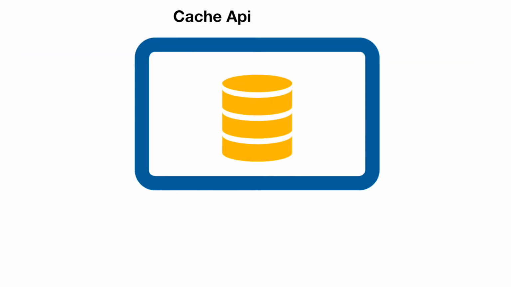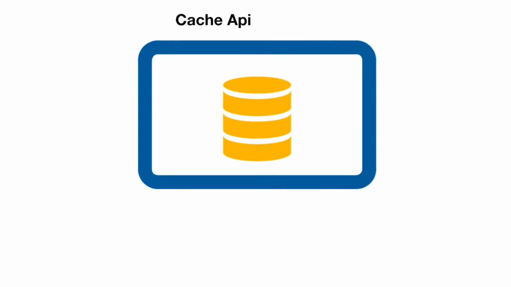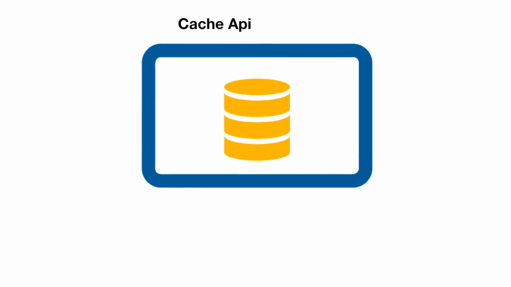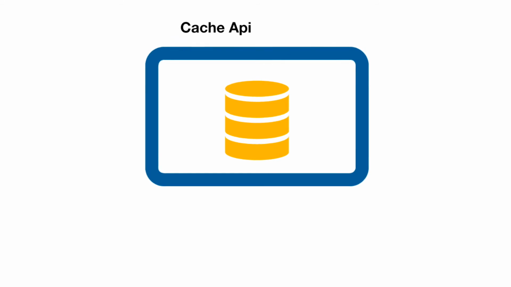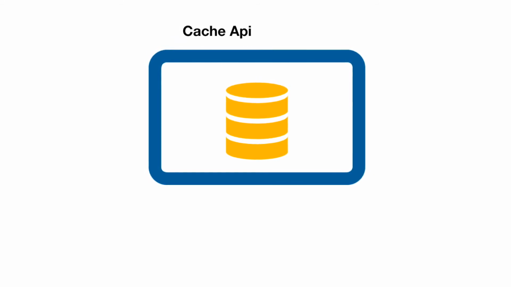The Cache API is a system for storing and retrieving network requests and corresponding responses. These might be regular requests and responses created in the course of running your application, or they could be created solely for the purpose of storing some data in the cache.